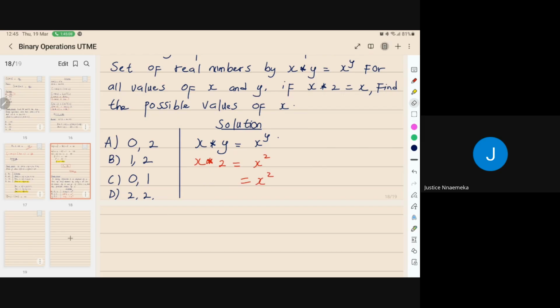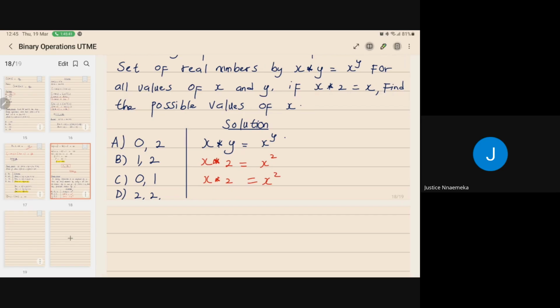So this is x asterisk 2 is equal to x squared, right? So what do we do right here? For all values of x and y, right? So x to the power of y. Interesting. Then what next can we do here? That's a very technical question a bit.